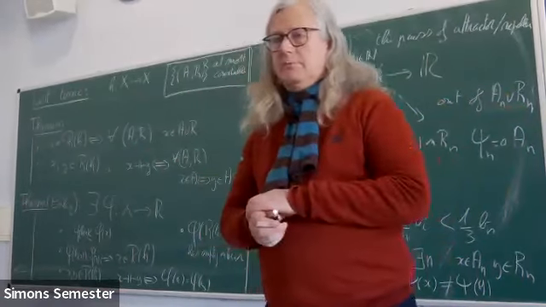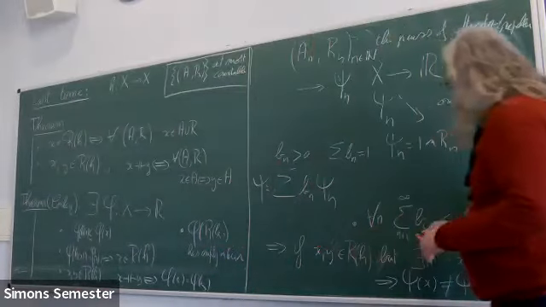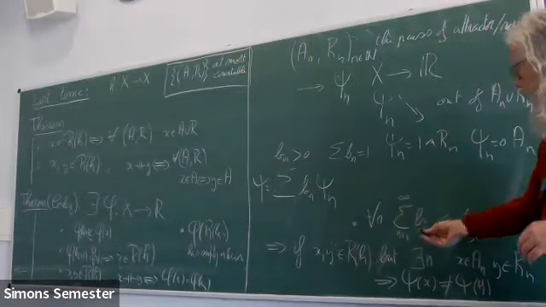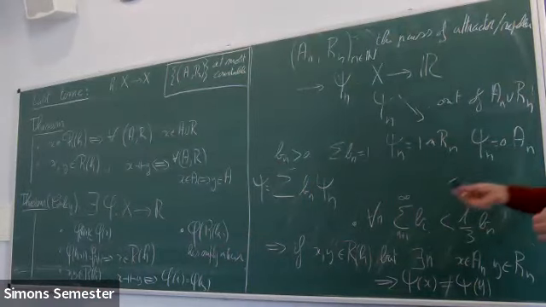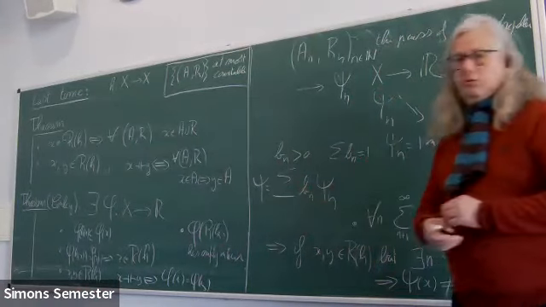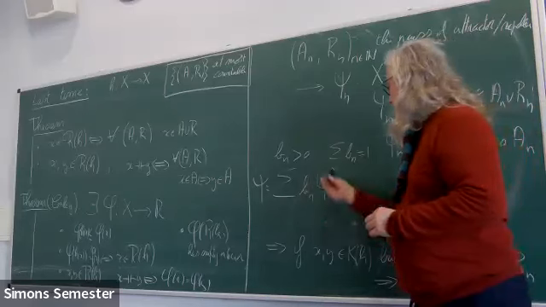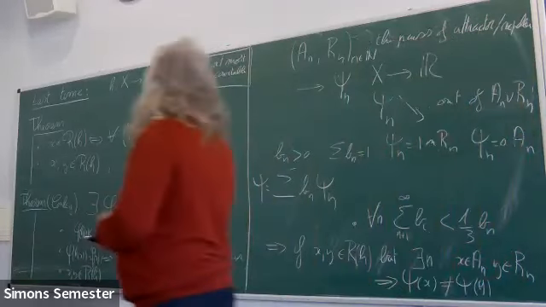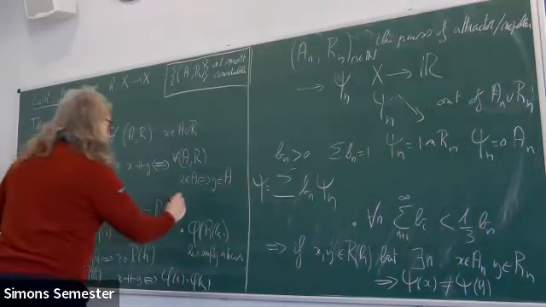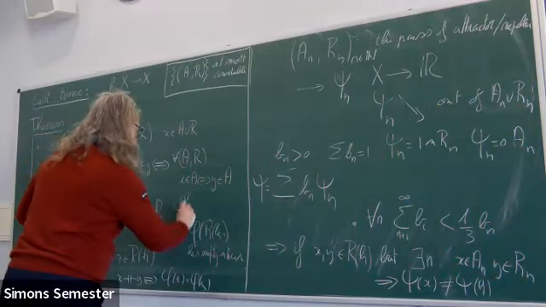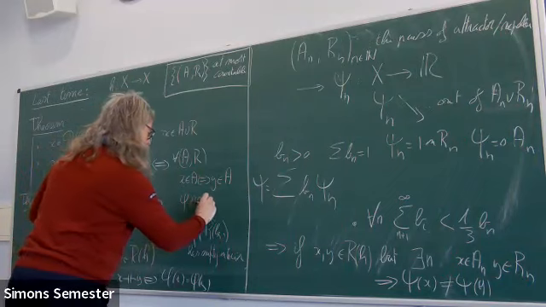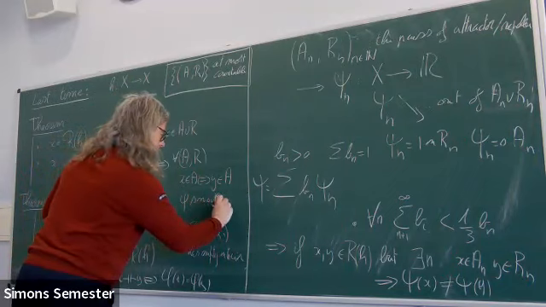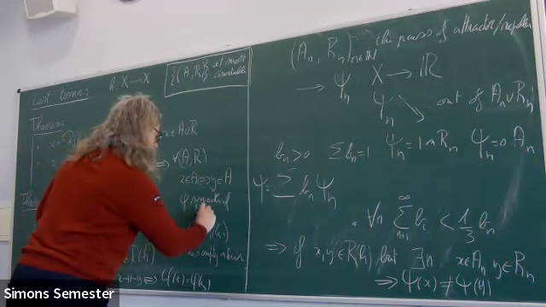So you just have to add a faster decrease to get that psi can be smooth, if each of your psi n was smooth. So that gives you a smooth function phi on the manifold.